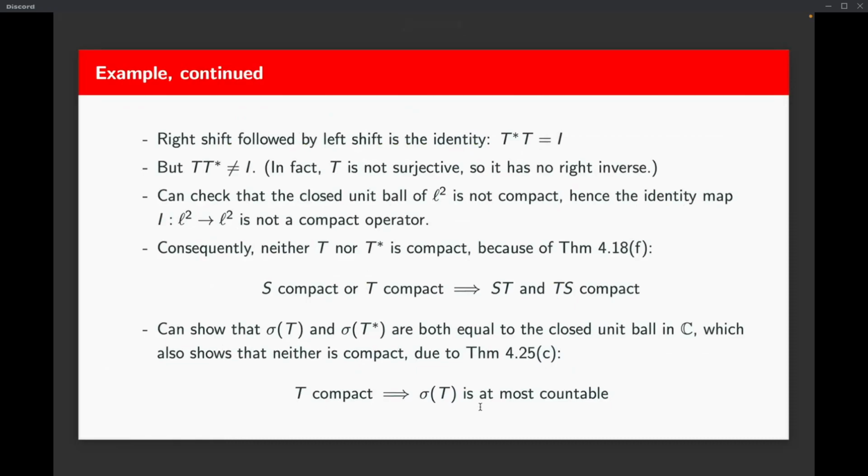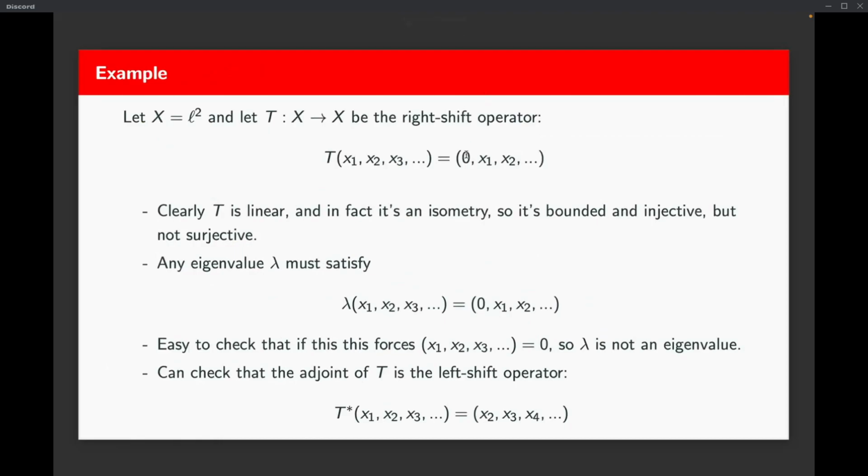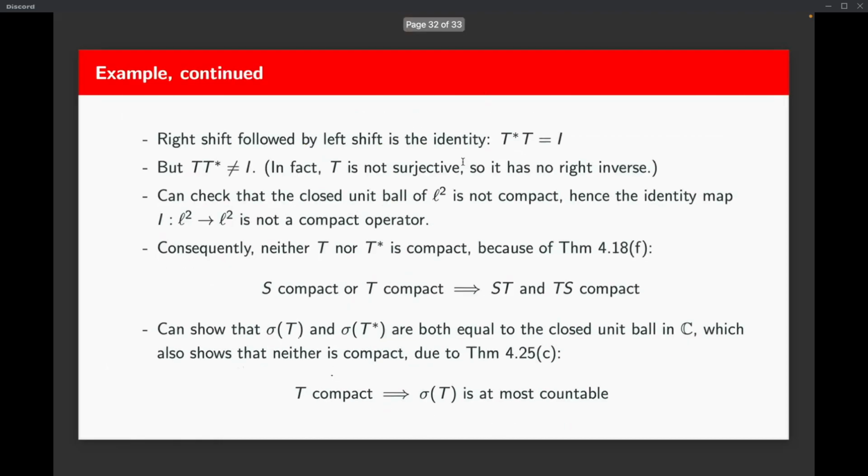And if we right shift and then left shift, so we right shift, it means we insert a 0. Left shift, we can get back the original sequence because we haven't lost anything. So T star T, first right shifting and then left shifting, gets back the identity. But if you go the other way, if you first left shift, then you lose a first element. So then if you right shift, you don't get back the identity. You've got now a 0 in the first slot.